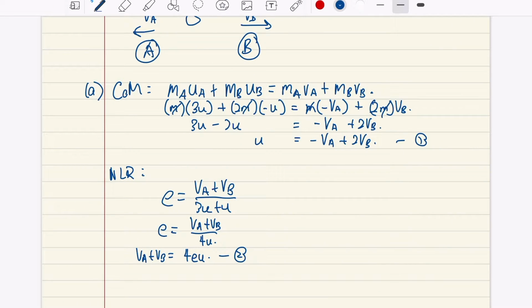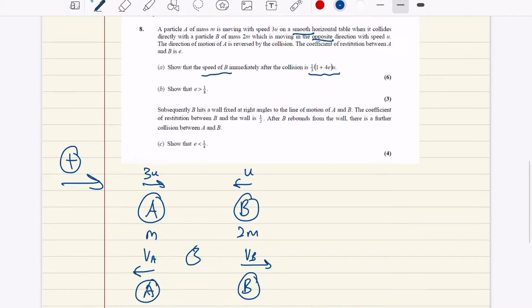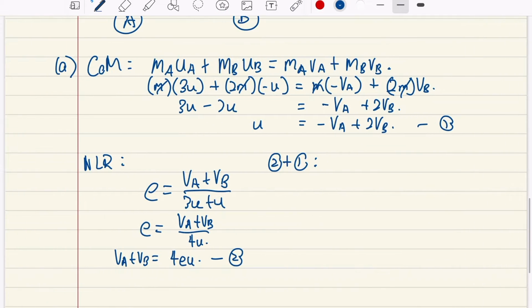Now, since they want us to find the speed of B, we can eliminate A. How? We can add the second equation and the first equation. So we get 4eu plus u, and then VA plus minus VA, which is 0, and VB plus 2VB, which is 3VB.